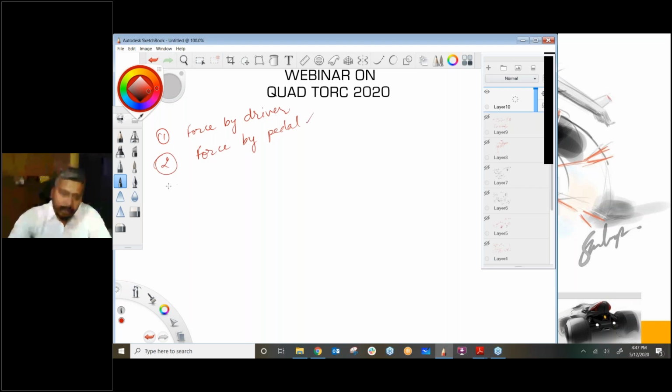Is it like 50-50 or other than that? You need to specify that also, like whether front brakes are stopping the vehicle more or the rear brakes are. So all these things you need to calculate and show in your reports.